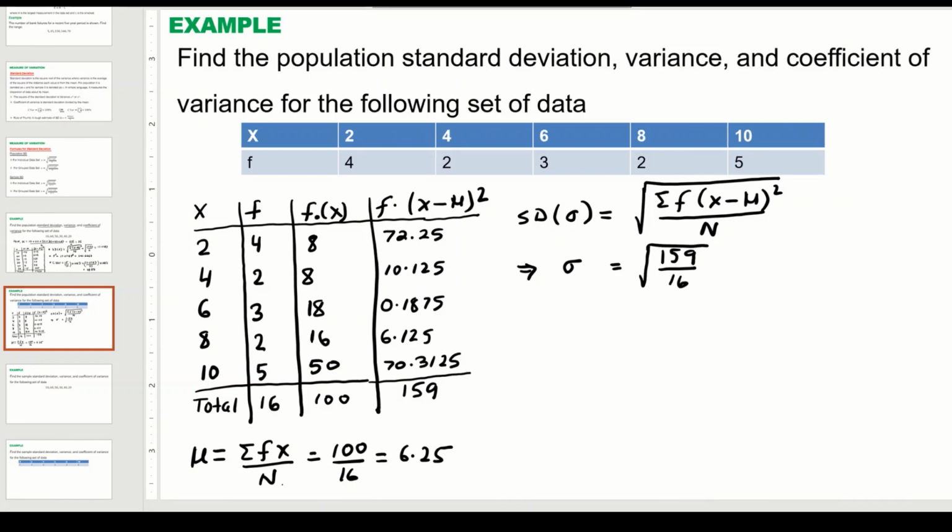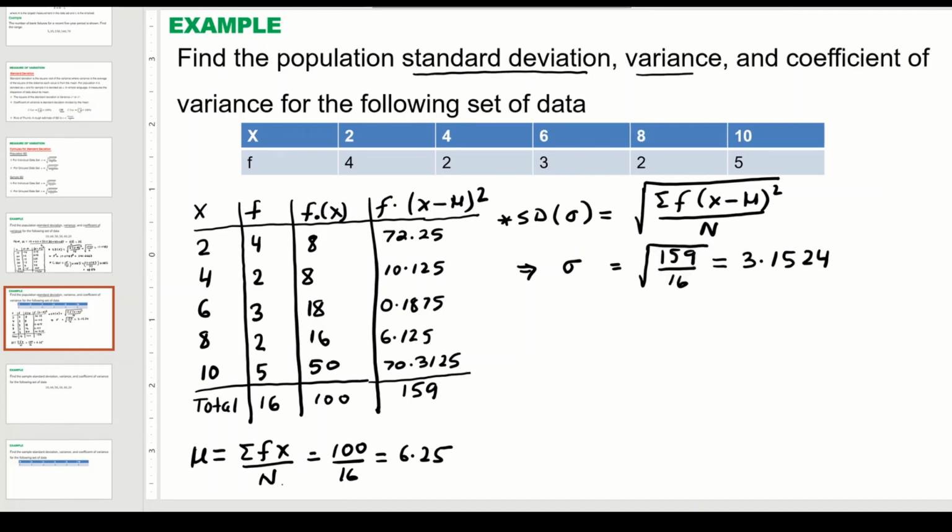If we simplify this using the calculator, you should get 3.1524. That is the standard deviation, the first thing we are asked to calculate.